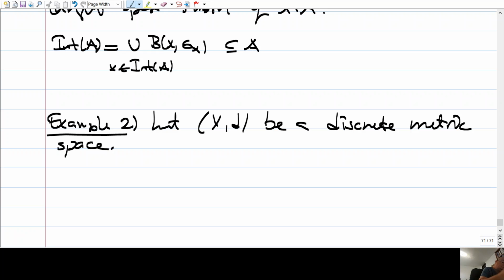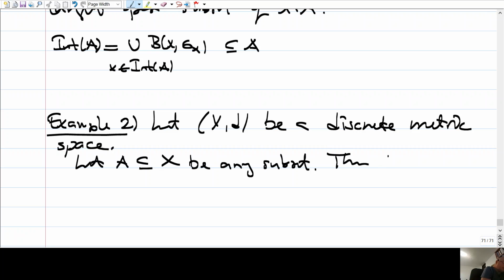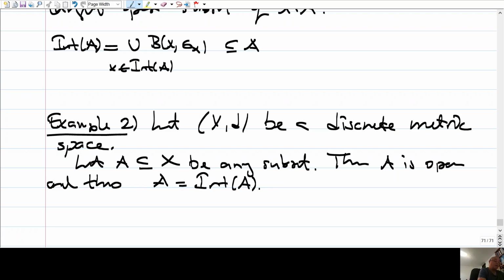Now, let A be any subset. Then we know that A is open, and thus, if it is open, then it's equal to its interior. Right? A is just the interior of A.